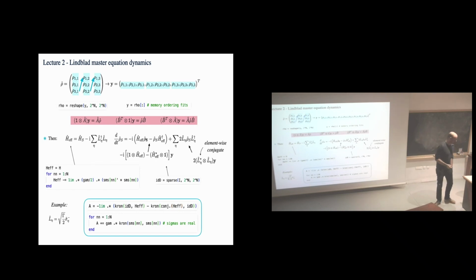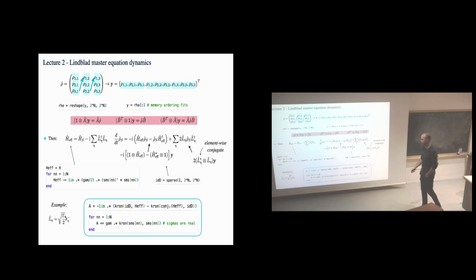So here, I just show you exactly how this is done. I use the form, which is quite common, with the effective Hamiltonian. So here, this is the master equation written in terms of this effective Hamiltonian evolution and the recycling term. Now, let's look at this. So the effective Hamiltonian, of course, is super easy to construct. I want to take the example where I now take this optical Bloch equation dynamics.